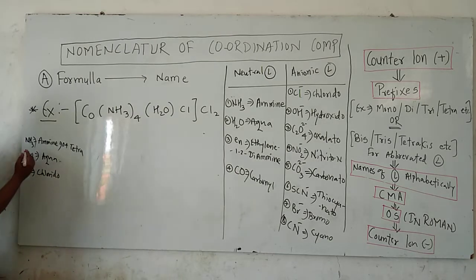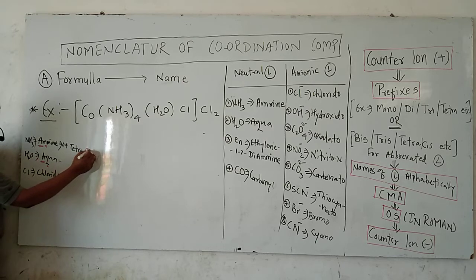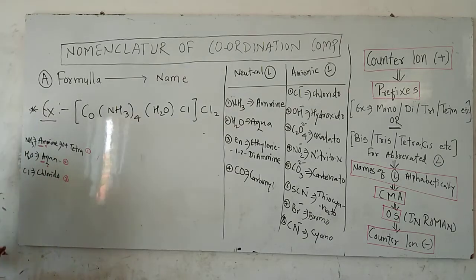See, amine starts with A. Aqua also starts with A. So both start with A. Now next to A there is M, and here Q. Alphabetically M comes first or Q comes first? Alphabetically M will come first. So first we will write amine, then we will write aqua, and then chlorido, third it will be.